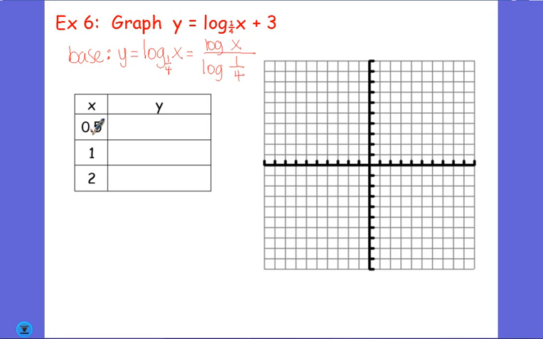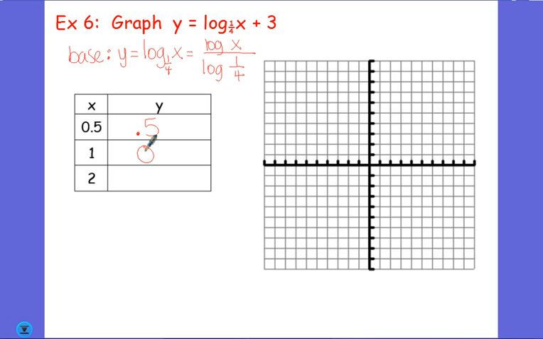Log 0.5 close parentheses divided by log 1/4 close parentheses. You should get 0.5. Next one, log of 1, close parentheses, divided by log of 1/4.